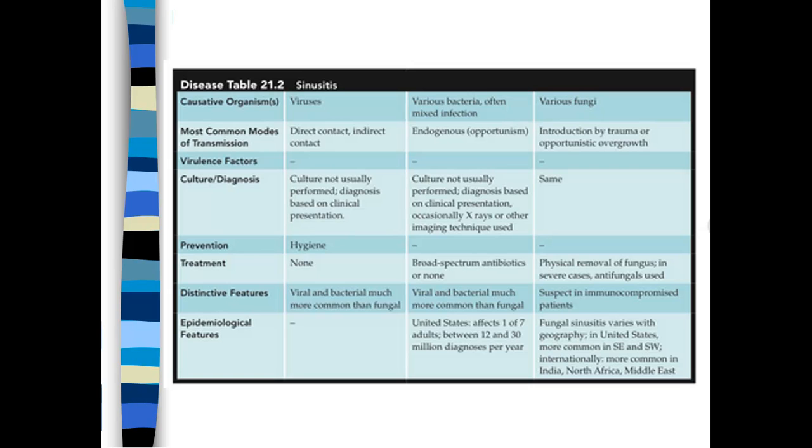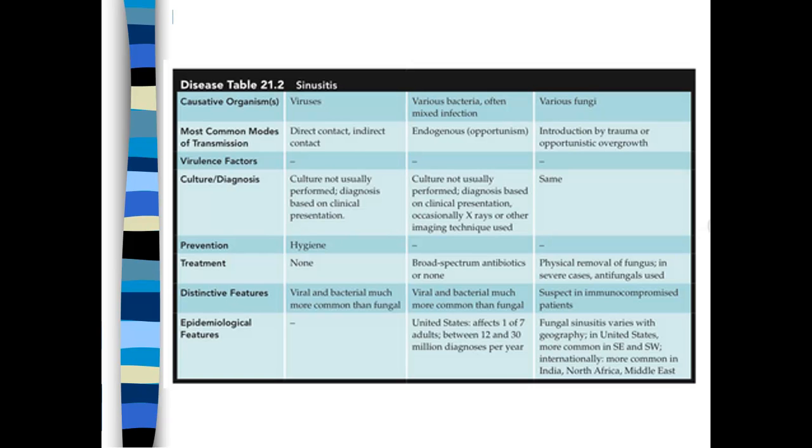And fungi can be introduced by trauma, just where the nasal passages are injured, or just through opportunistic overgrowth. For viral sinusitis, usually you look at clinical presentation. For bacterial sinusitis, same thing, you're looking at the color of the mucus. Occasionally, if you're looking for blocked sinuses, then you'll look at x-rays. And also the same for fungus.